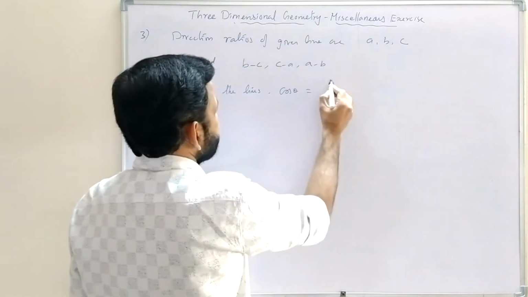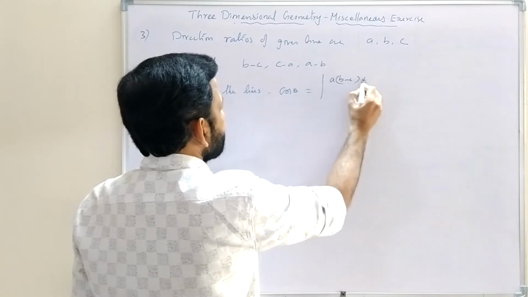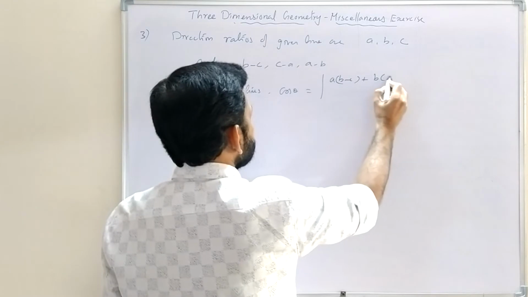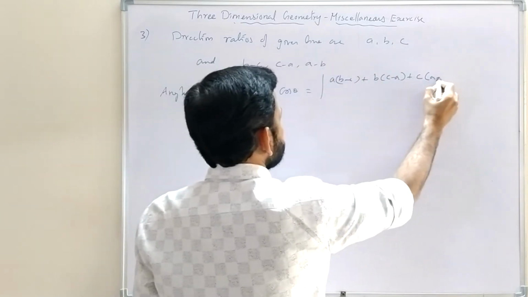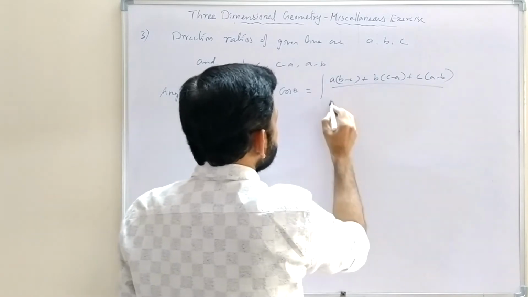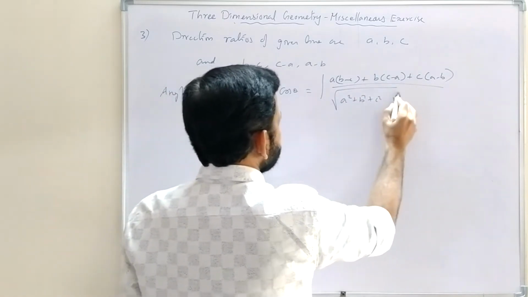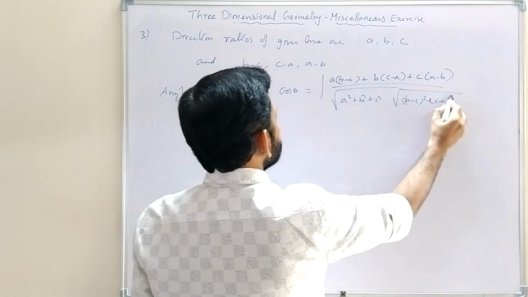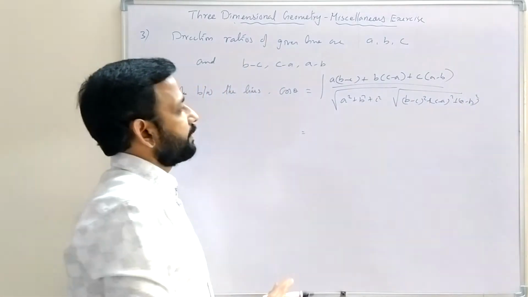So A1 A2, that is A into (B minus C), plus B1 B2, that is B into (C minus A), plus C1 C2, that is C into (A minus B), divided by square root of A square plus B square plus C square, into square root of (B minus C) whole square plus (C minus A) whole square plus (A minus B) whole square.